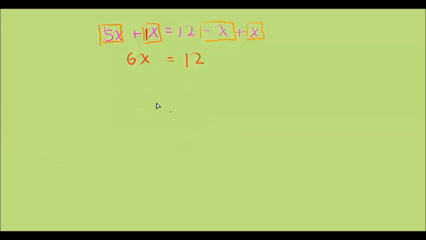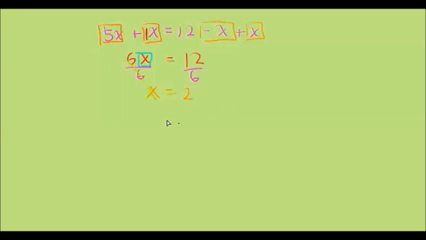So this is actually a pretty easy equation. So let's isolate the variable x by dividing both sides of the equation by 6. 6x divided by 6, the 6's cancel out. We got x is equal to 12 divided by 6, which is 2.